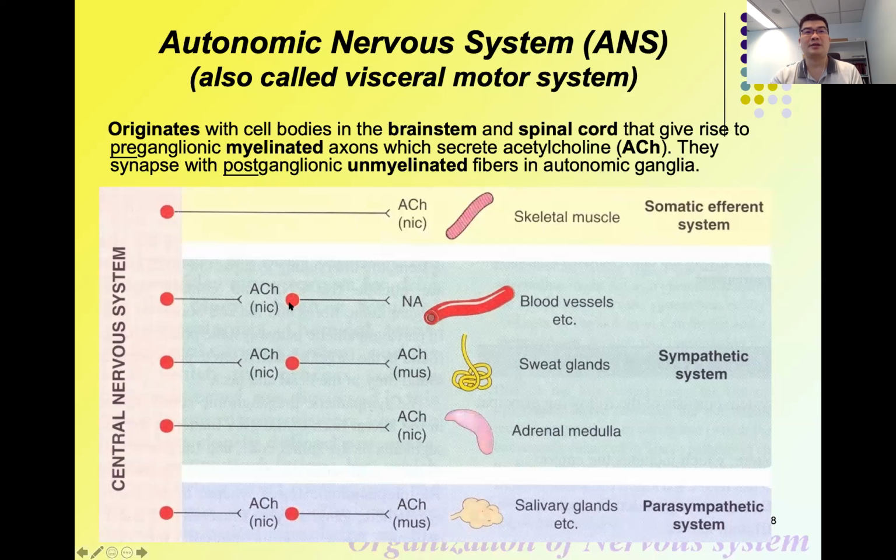In this case there are two different things. The preganglionic neurons secrete acetylcholine, which controls the postganglionic neurons here, and then they release a neurotransmitter over here.